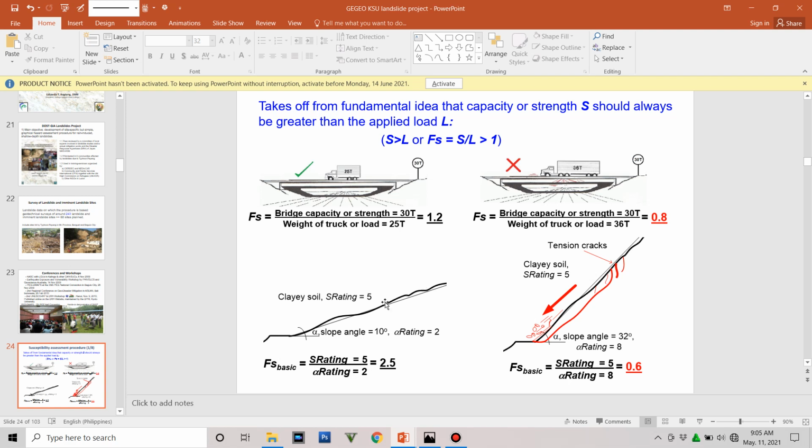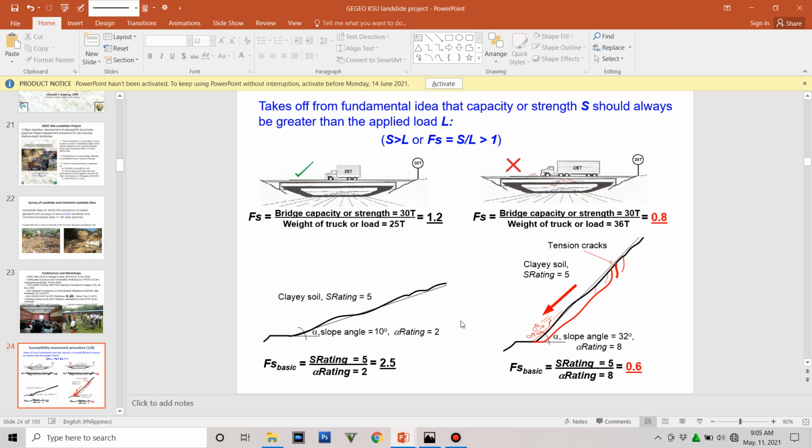So here's the illustration. As an example, for a slope rating which includes slope material with tension cracks in it and a steeper slope angle, say 32 degrees, and if we have a scoring on that, basically it will have a lower value for the factor of safety.